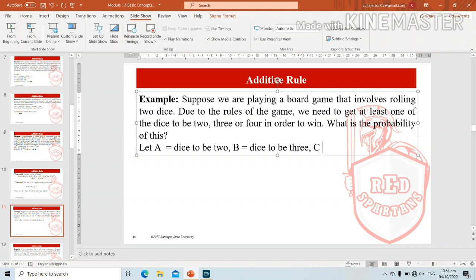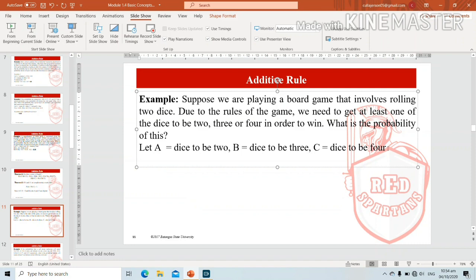And C, dice to be 4. So, ano daw yung probability na sa pag-toss natin or pag-throw natin ng dice, yung upper part or yung lalabas ay merong 2 and merong 4.